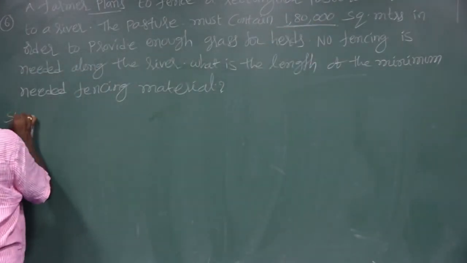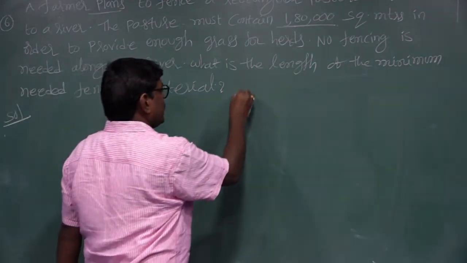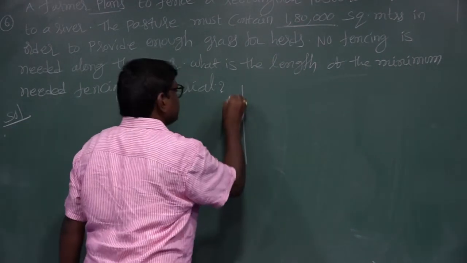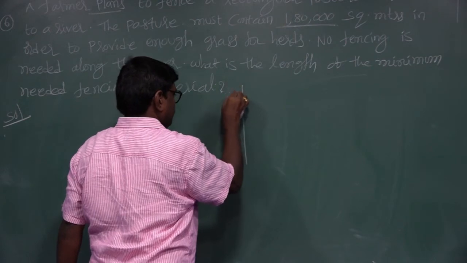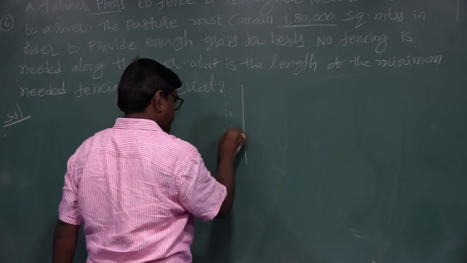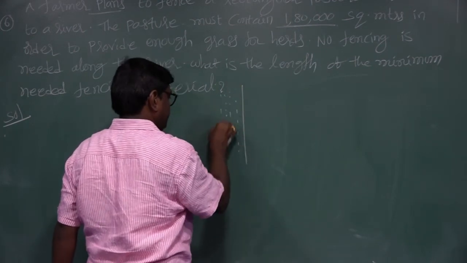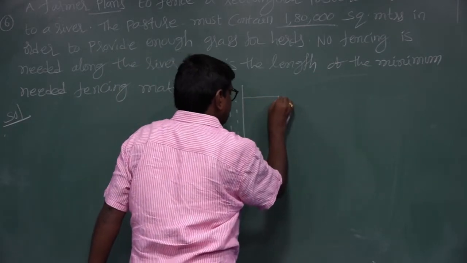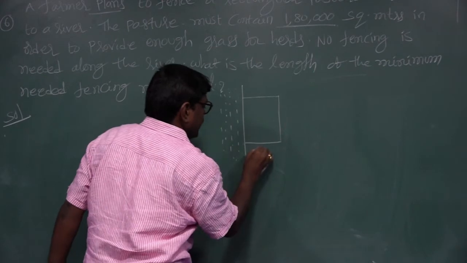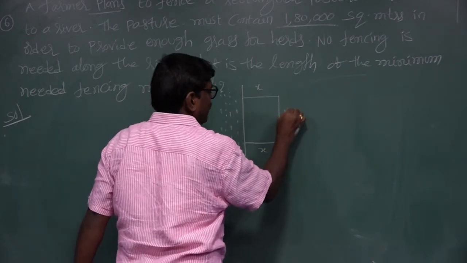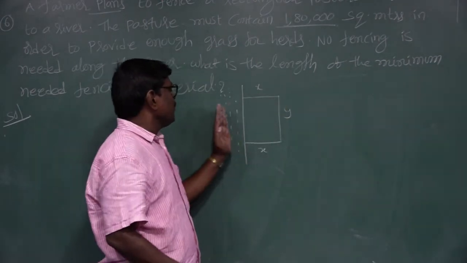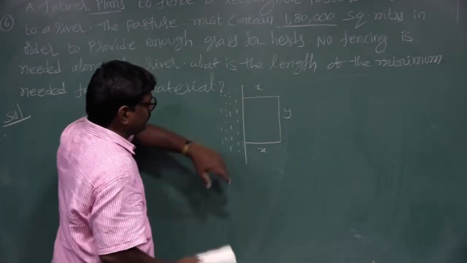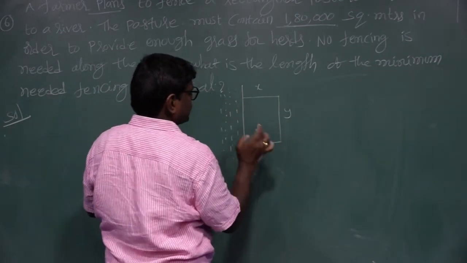Solution: this is a river, and this is the field with sides x and y. The river side is not fenced; these three sides are fenced.